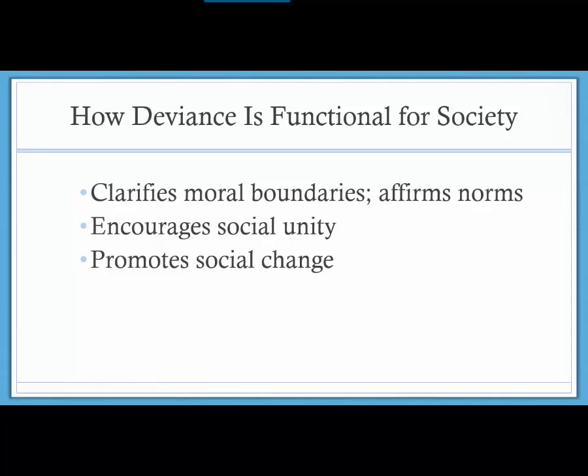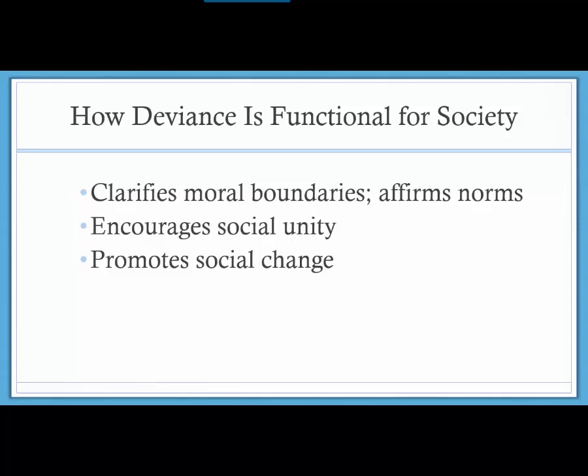So, in this sense, it can encourage social unity, and it also can sometimes promote social change, because sometimes as a deviant behavior becomes more and more accepted, it leads larger society to question, well, why aren't we doing this? So this is where sometimes protests gain power, whether you're talking about the civil rights movement or the women's movement, that sometimes people can, by virtue of being deviant, point out the unfairness or the injustice of a norm, and society will change.